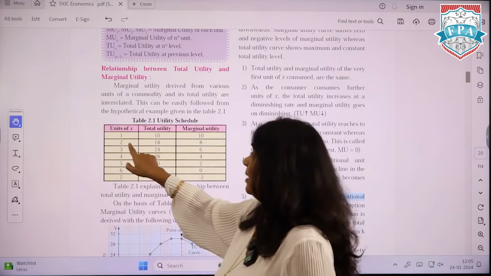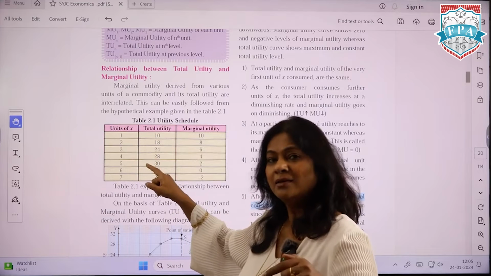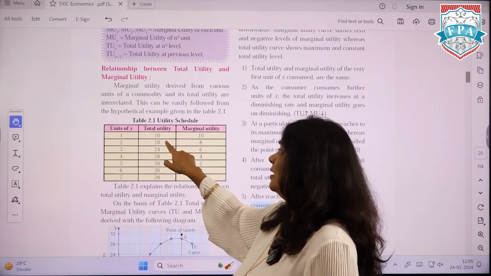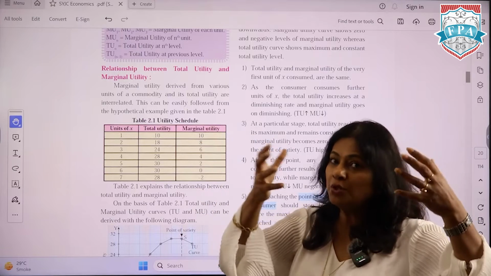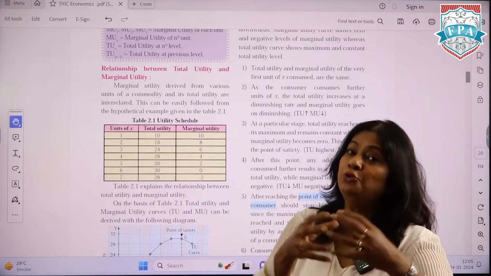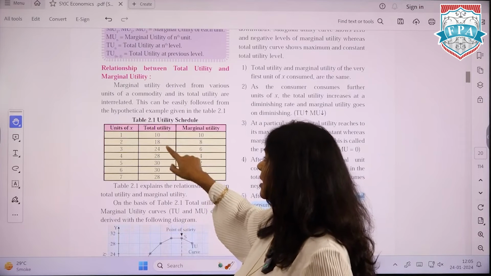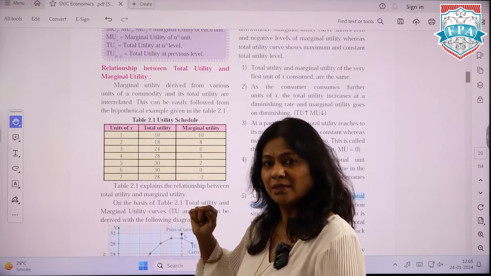Yes? But when I got the second unit of the same product, then the utility increased. The total utility of 1 and 2 units put together has increased to 18. But what is the marginal utility?